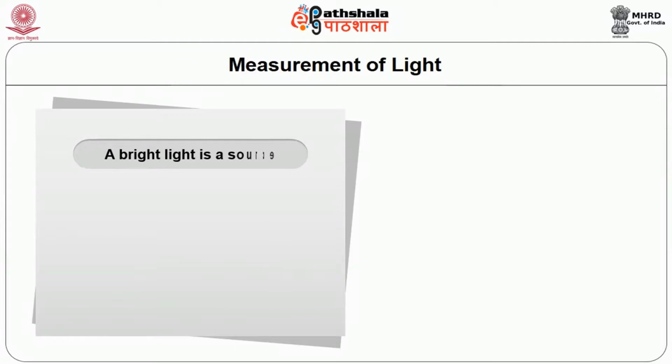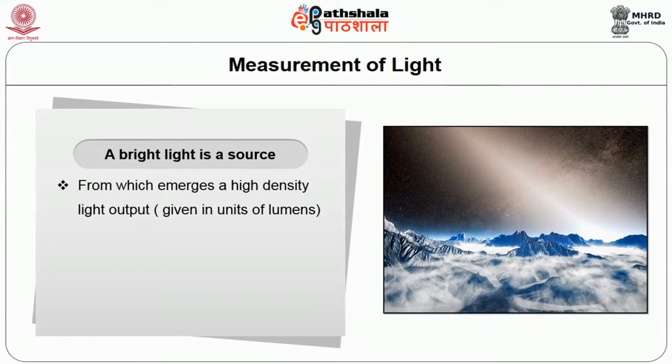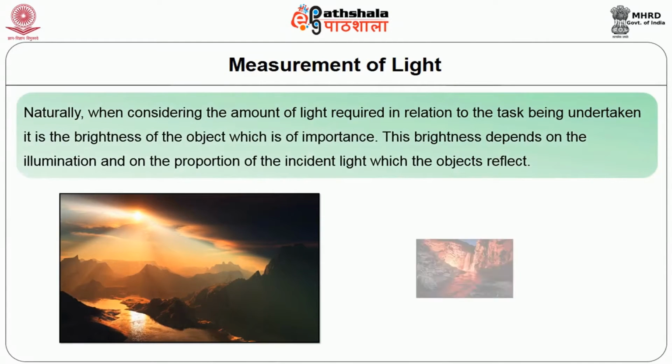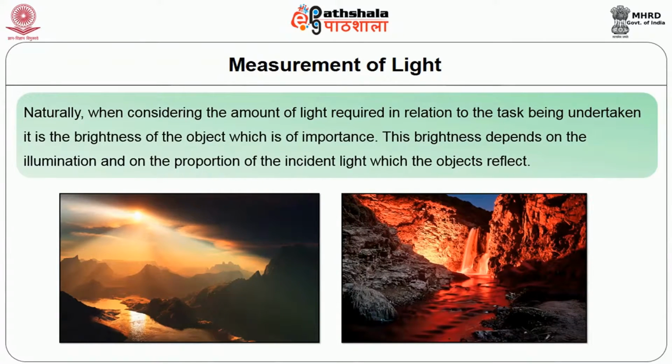A bright light is a source from which emerges a high density light output given in units of lumens, which channelizes and focuses the flux into a very narrow beam expressed as candela and focused against a dark background. Naturally, when considering the amount of light required in relation to the task being undertaken, it is the brightness of the object which is of importance.